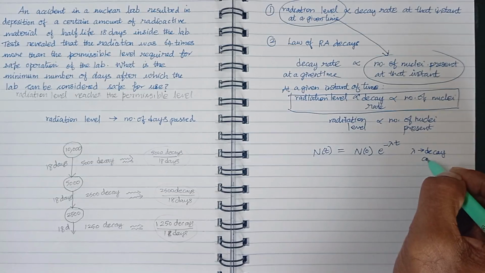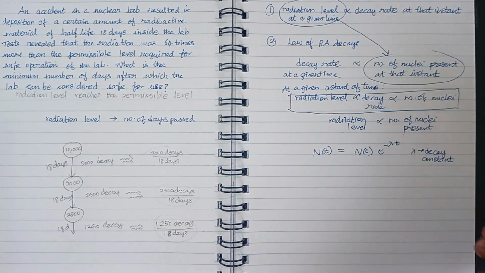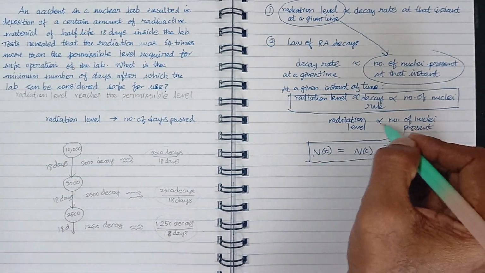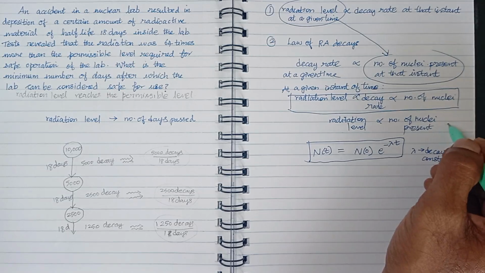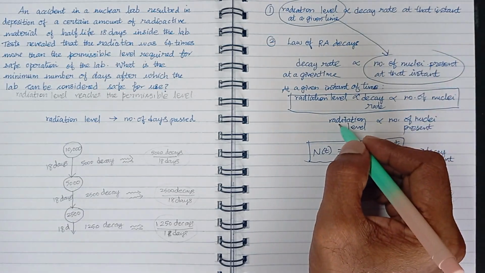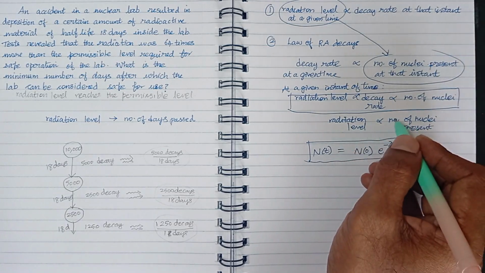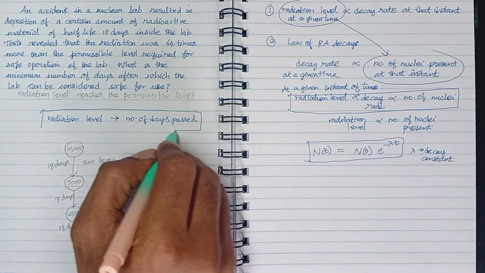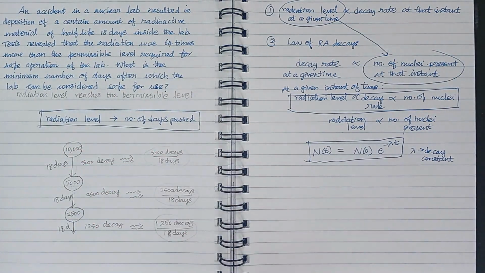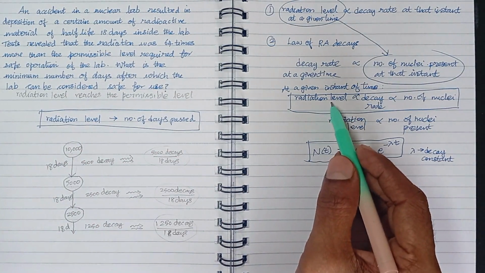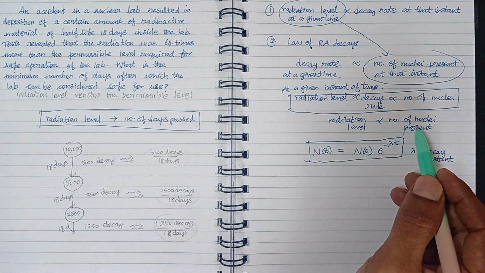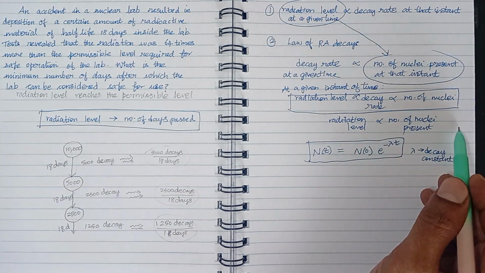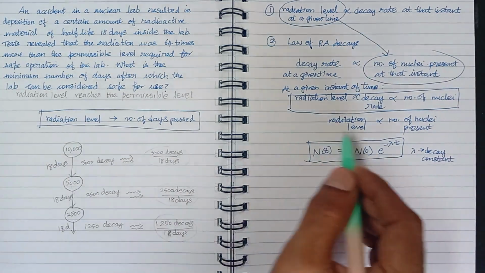This equation gives the number of nuclei at a given instant of time. Since the number of nuclei decreases with time, and the radiation level is directly proportional to the number of nuclei, we have the link between radiation level and time passed. Radiation level depends on the number of nuclei present, which in turn depends on time, so radiation level decreases with time. This is the link that we were looking for.